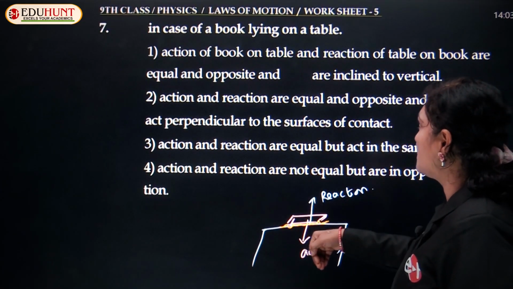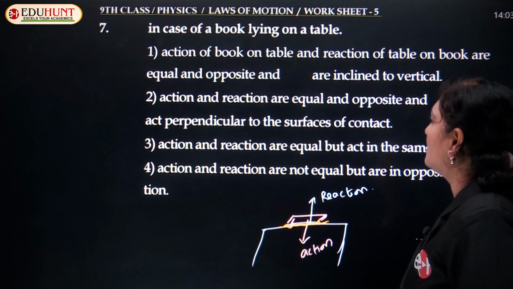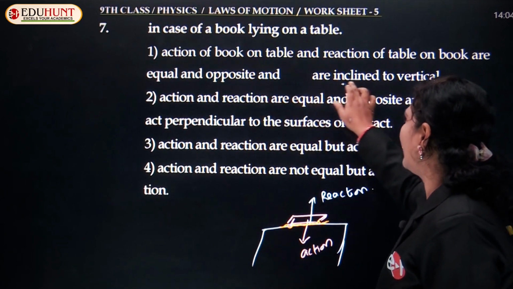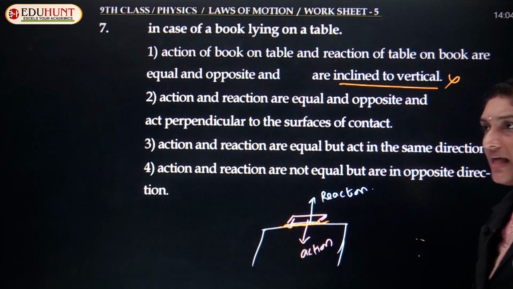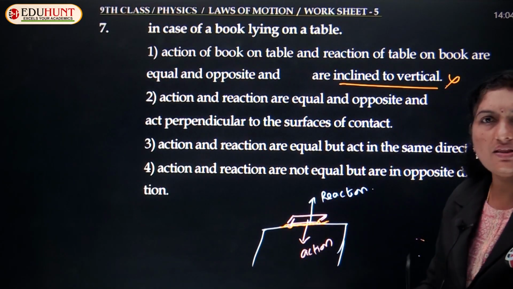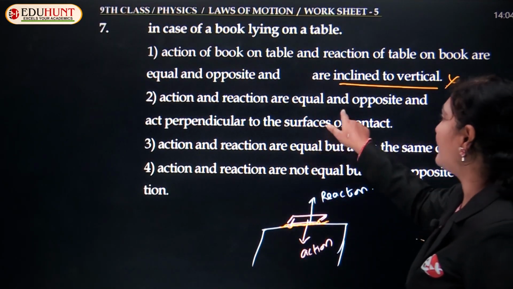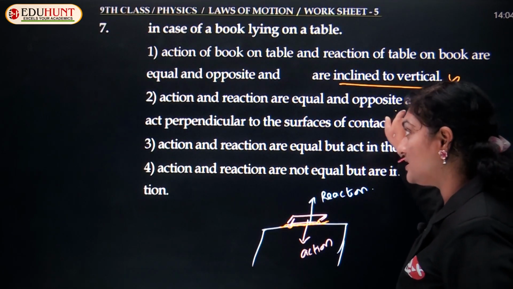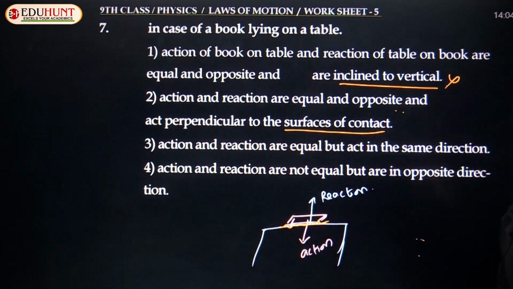Action of the book on the table and reaction of the table on the book are equal and opposite and are inclined to the vertical. Are they in a slanting position? No, they are not. Action and reaction are equal and opposite and are perpendicular to the surfaces of contact.